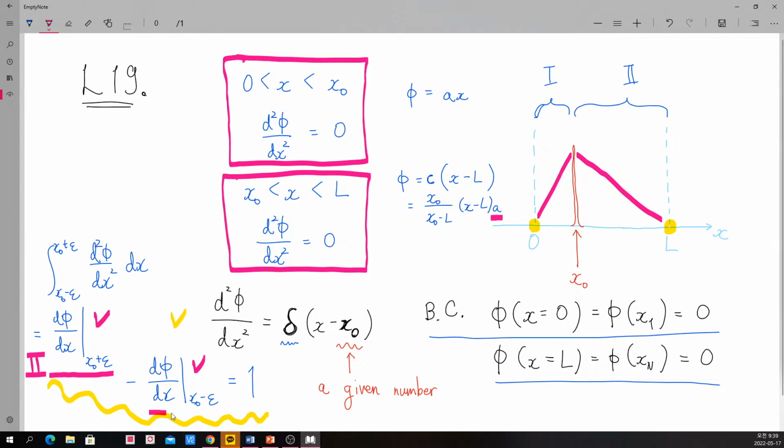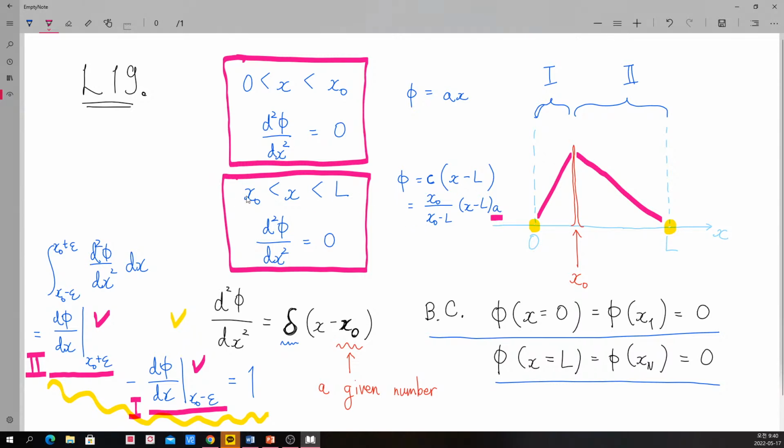And this one, evaluated at x naught minus epsilon, corresponds to the region 1 function. So simply speaking, when we take the first order derivative of region 2 solution and region 1 solution, we have to have their difference as 1.